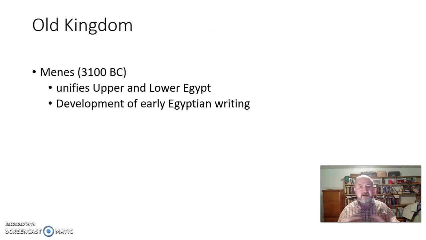Well, as these nomes become larger and larger, the control of the irrigation, which is driving this political development, leads to a point where we can have one nomarch or one king. The Greeks called him Menes. Even today, we're not quite sure what this man's name was, but the Greeks called him Menes.